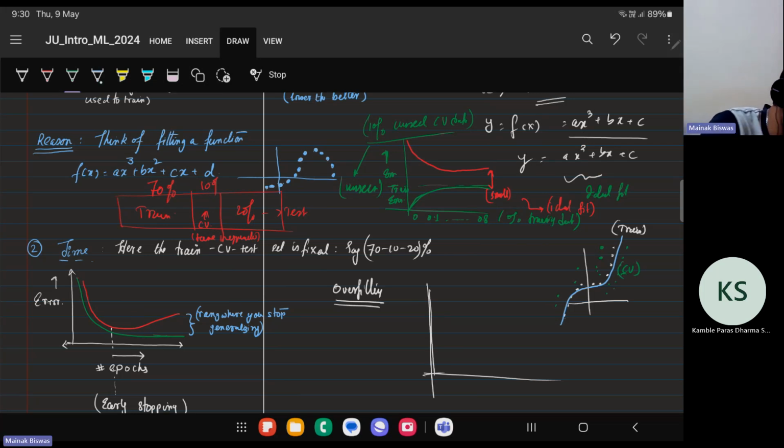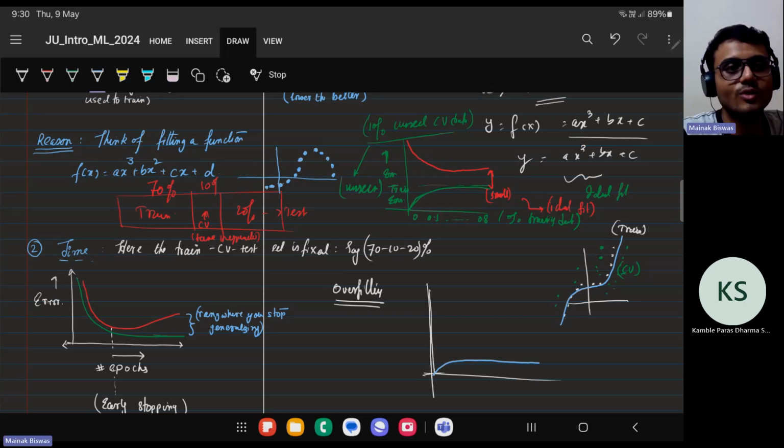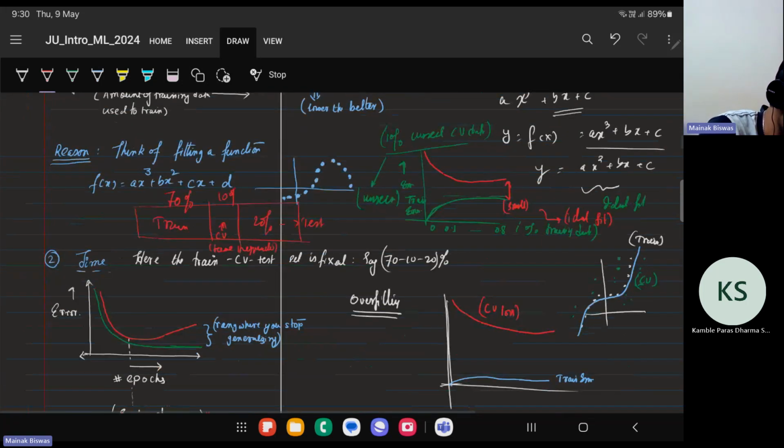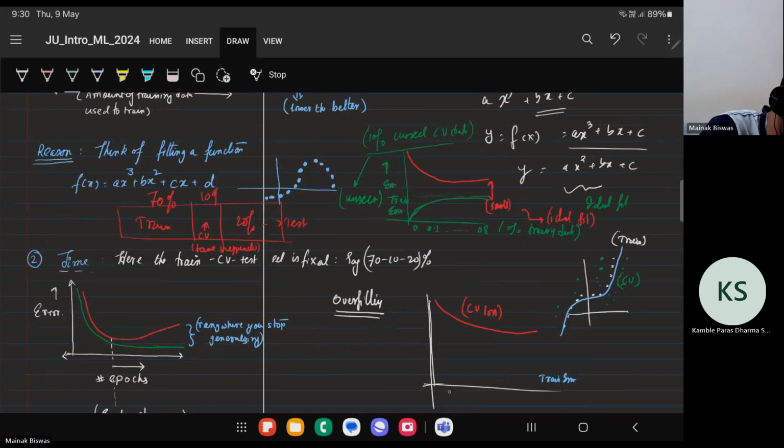You will see that you will have a very, very low training loss, training error, compared to unseen data, which will be higher. This is your CV loss, cross validation loss, so I should use green over here.